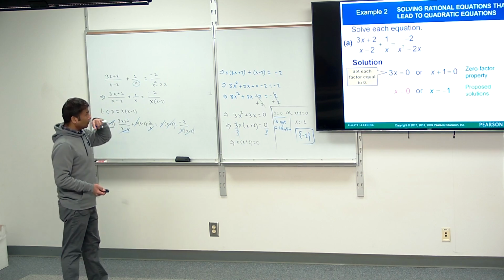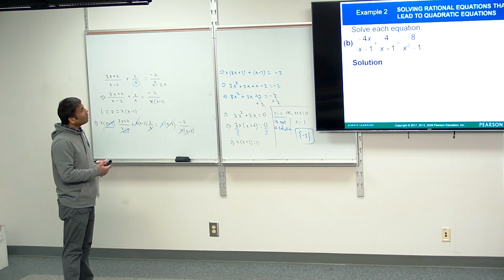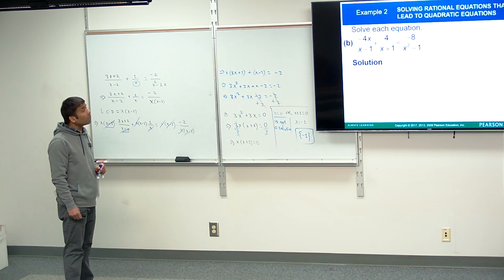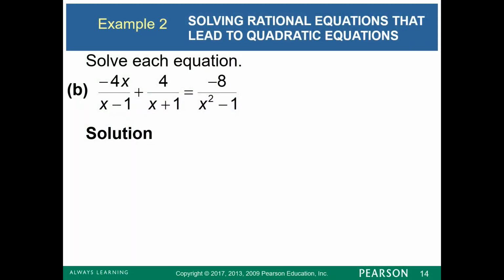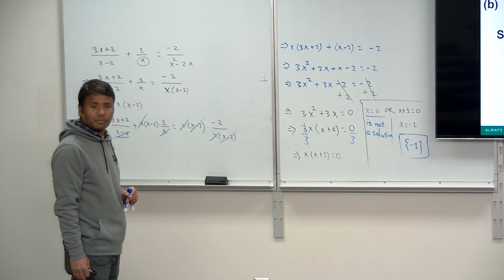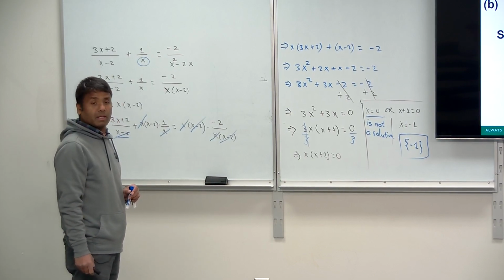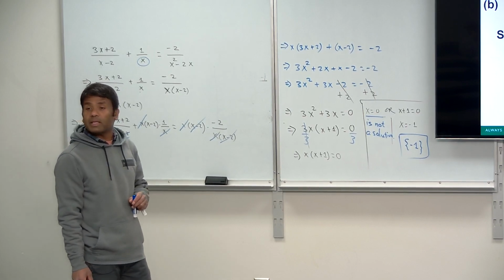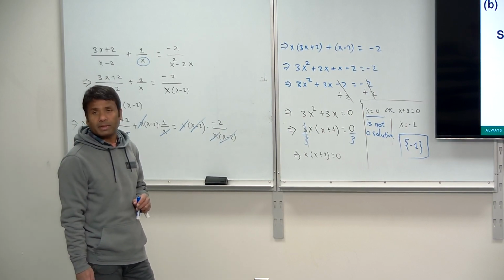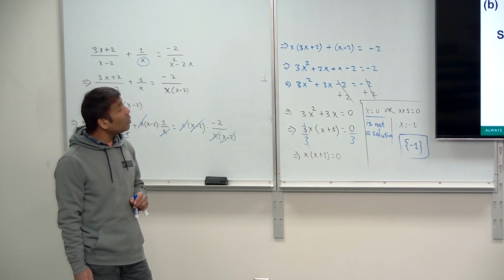Now for this one, we follow the same similar method. You know, first we find the LCD, least common denominator, right? And we multiply both sides of the equation by the least common denominator. Do you know what is the LCD?